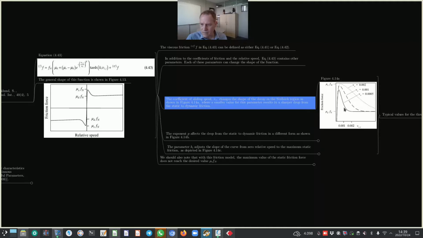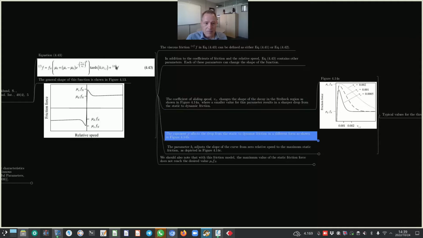So here you can see Vs being 0.005, there's a sharper drop from the static to dynamic friction. And if Vs is larger, 0.002, the drop from static to dynamic friction is much more gradual.